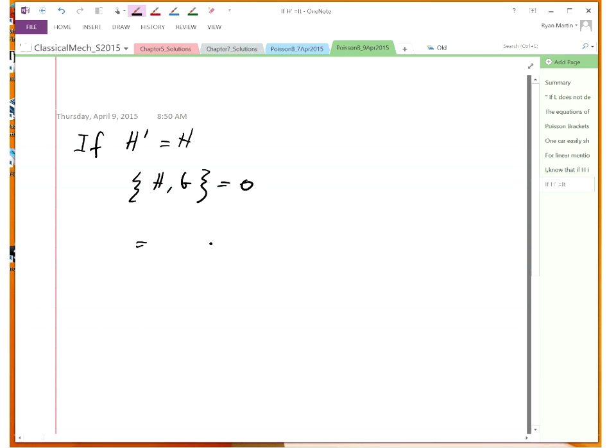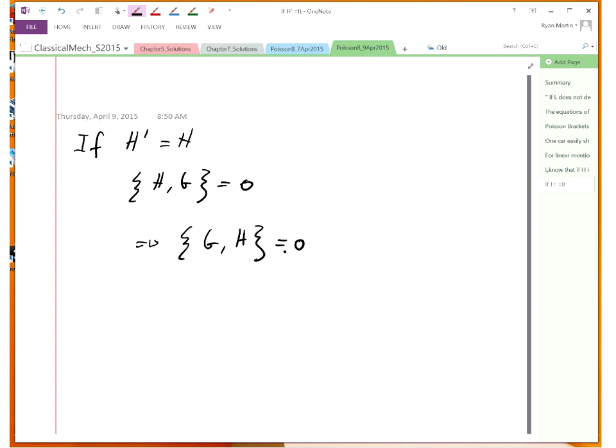But that also means that the Poisson bracket of G with H must be 0. Right, that's one of the properties, that the Poisson bracket of A and B is equal to minus the Poisson bracket of B and A. So if it's equal to 0, then they must both be equal to 0.